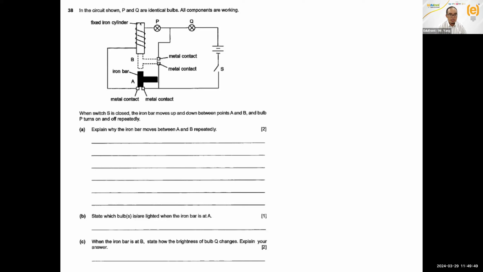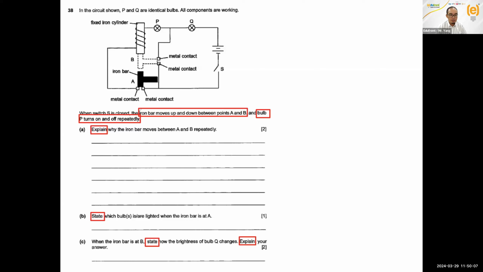Okay, so in the circuit shown below, P and Q are identical bulbs. All the components are working. When switch S is closed, the iron bar moves up and down between point A and B, and the bulb P turns on and off repeatedly. Now, let's analyze the keywords.